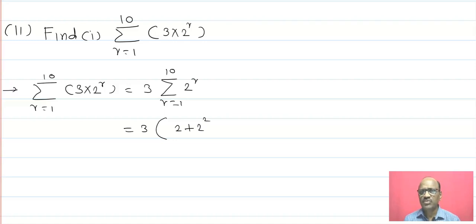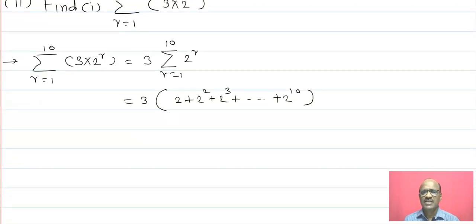That is 3 times (2 plus 2 square plus 2 raised to 3 and so on up to 2 raised to 10). And here a is equal to 2 and r is also equal to 2. Therefore, we will apply the sum formula for this series.